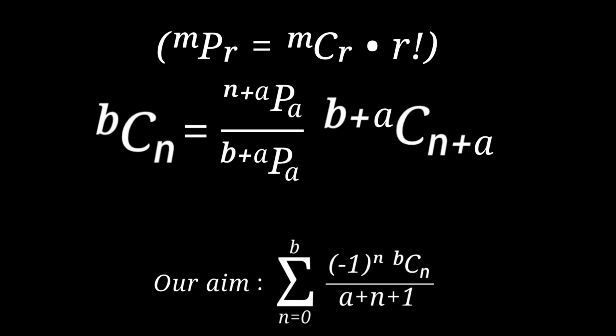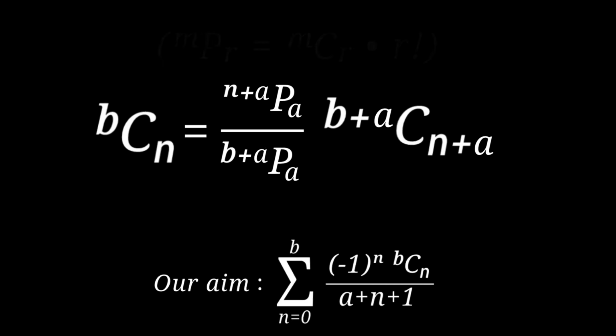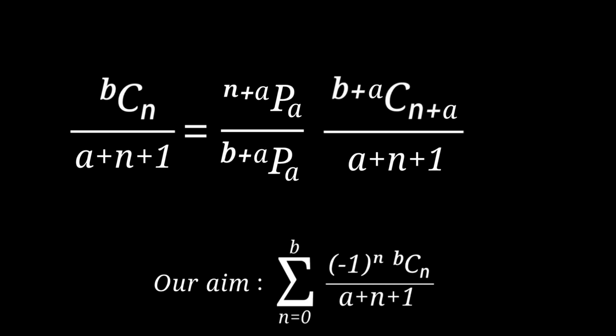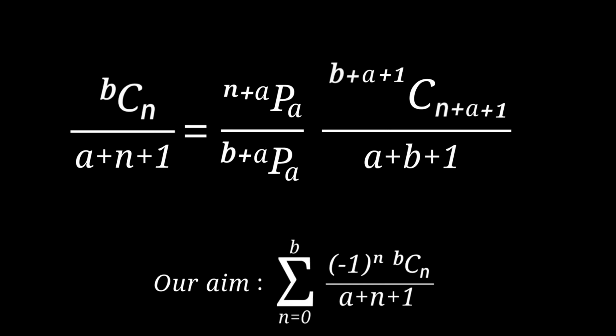MPR, by the way, is the number of ways of choosing R objects from a set of M objects and then permuting those R objects. With a bit more algebraic manipulation, we are finally ready to substitute all of this into the original sum.